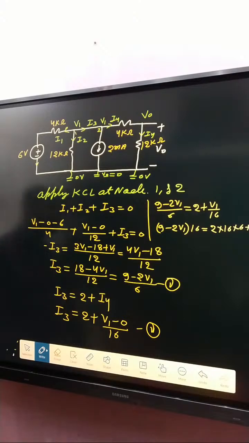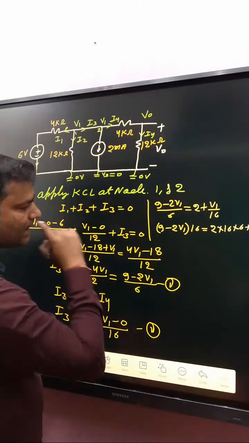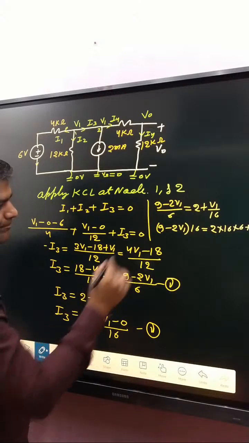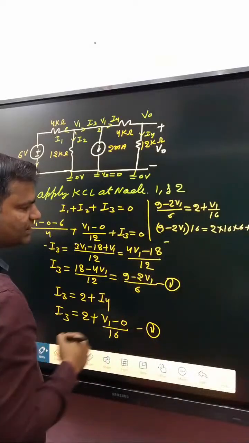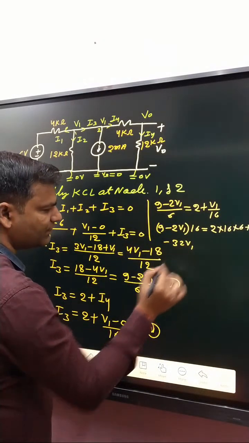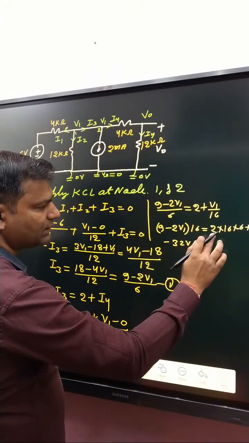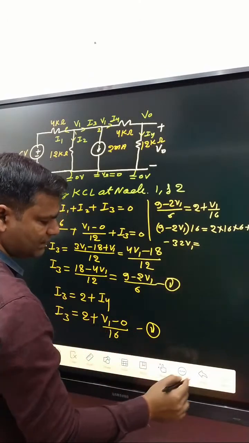After that, what about V1? Minus 2 into 16 into 2, that is 32, V1. This is equal to written, that was 16 into, sorry.